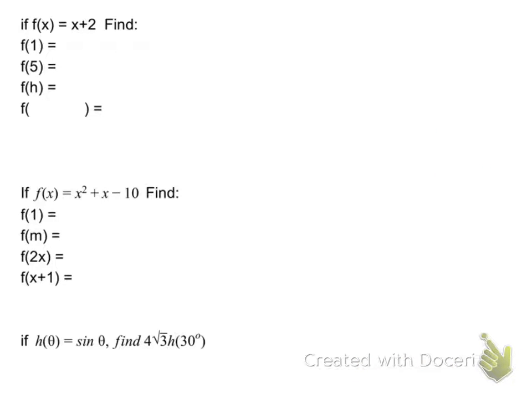Okay, now we have a couple functions up here that I want us to evaluate. I want you guys to evaluate the function f of x, and it reads, the function of x's is equal to x plus 2. I want to find, what does f of 1 equal? The function evaluated at 1 is equal to? It is 3.